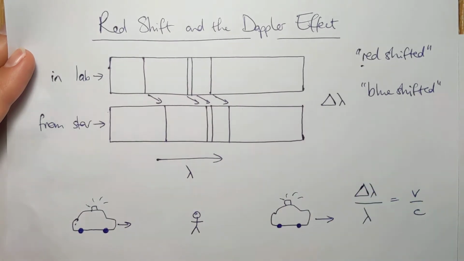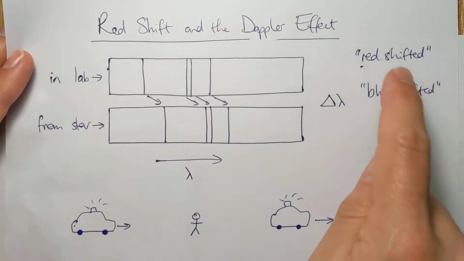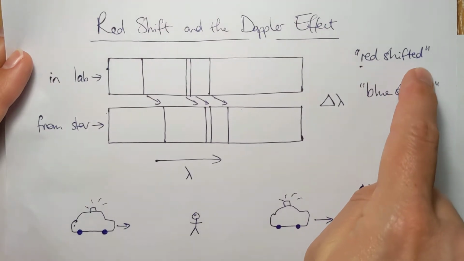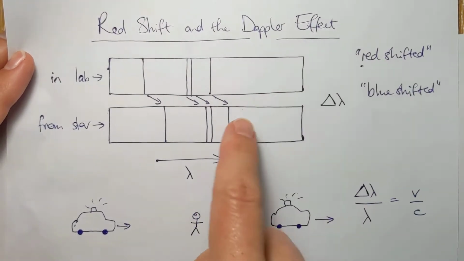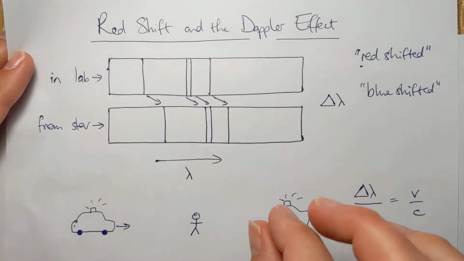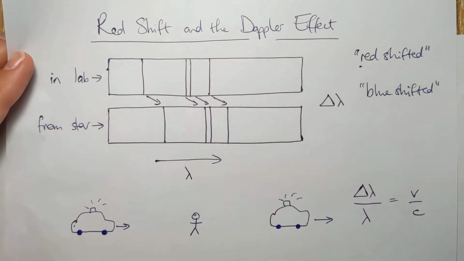And the light from the stars on the other side of the galaxy that are moving away from us, when it arrives at Earth, is going to have a longer wavelength, and so we call that light redshifted. This is called the relativistic Doppler effect, and this is because the stars are actually moving through space relative to the Earth.